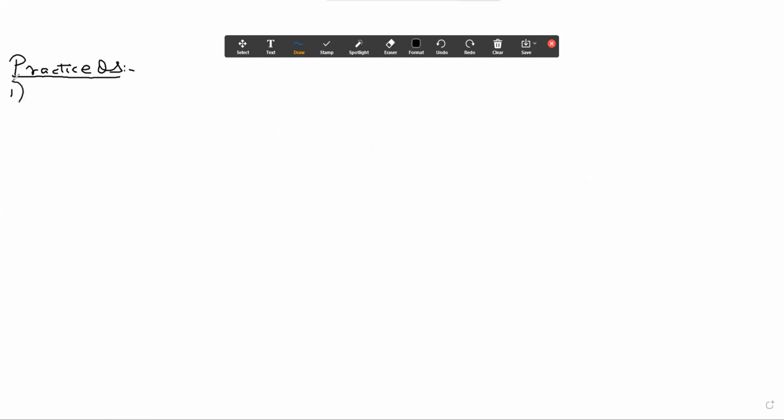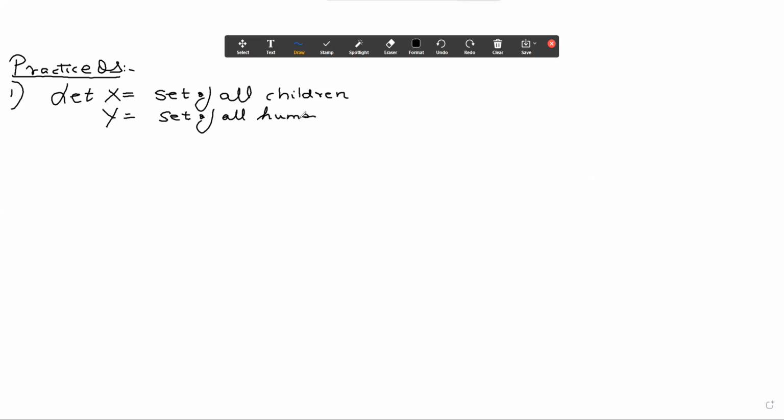So let x denote the set of all children. It's a Sasta and Hammond question. And y denote the set of all human beings. And let f be a function which maps x to y, defined as f of x is the mother of x.